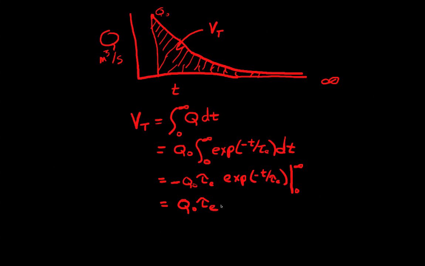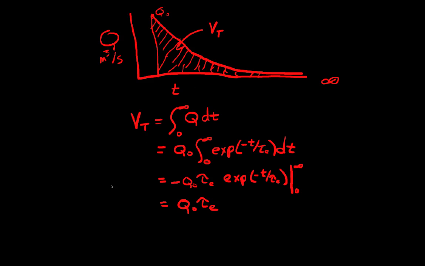So if we know what the time constant is, in other words, how fast this curve is decaying, and if we know what the initial value of flow is, the product of the two gives us the total amount of water available in the aquifer.